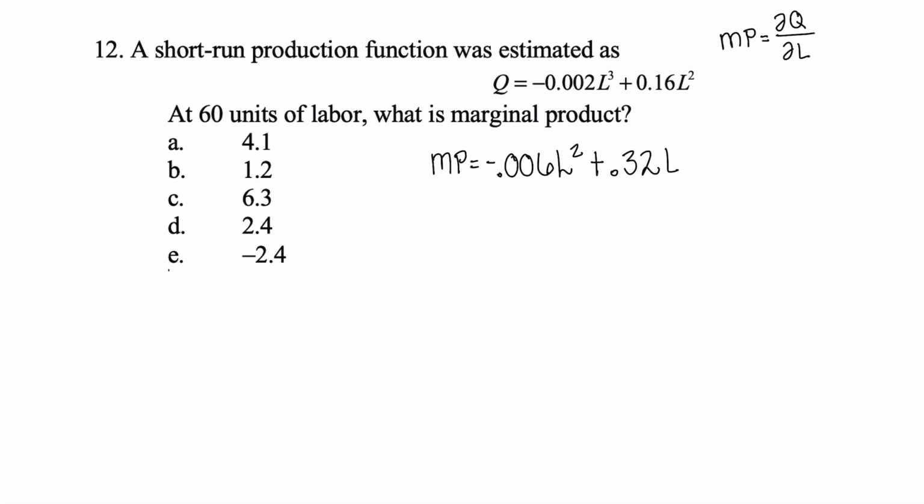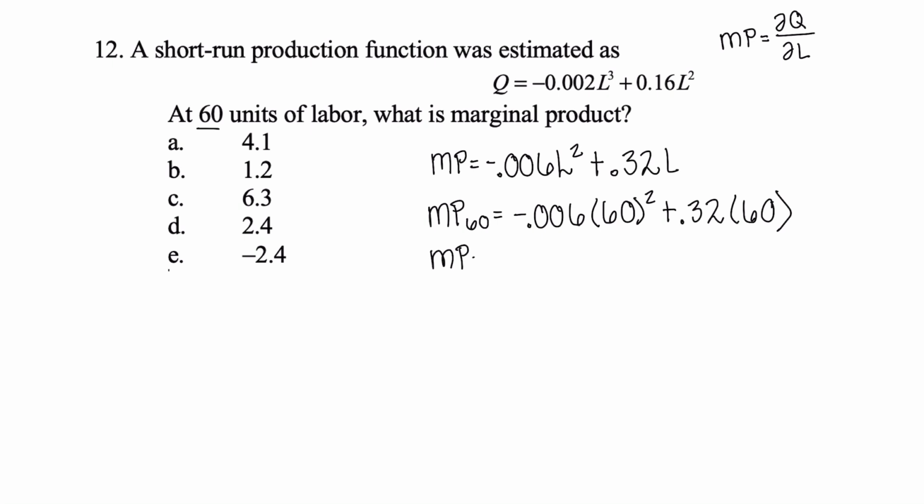You'll get the same thing. And then with that, we're going to plug in 60 everywhere we see an L. So our marginal product at 60 is going to be negative 0.006 times 60 squared plus 0.32 times 60. So our marginal product at 60 gives us negative 2.4, which is E.